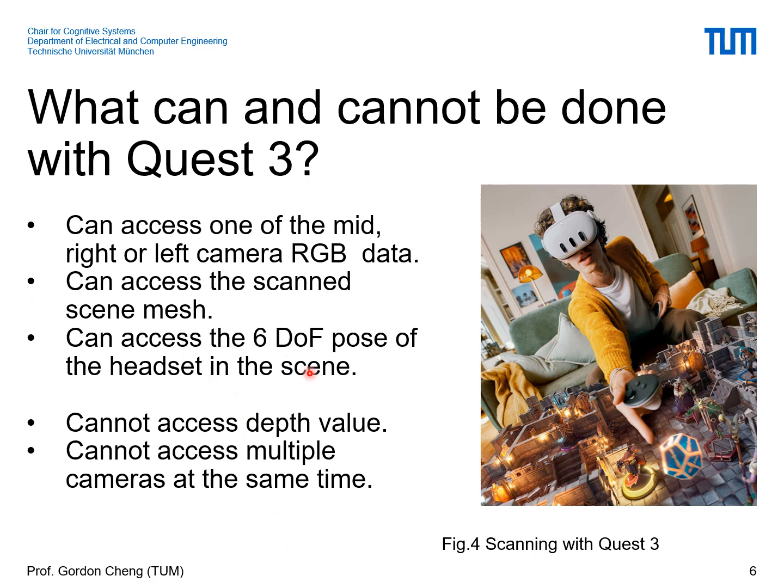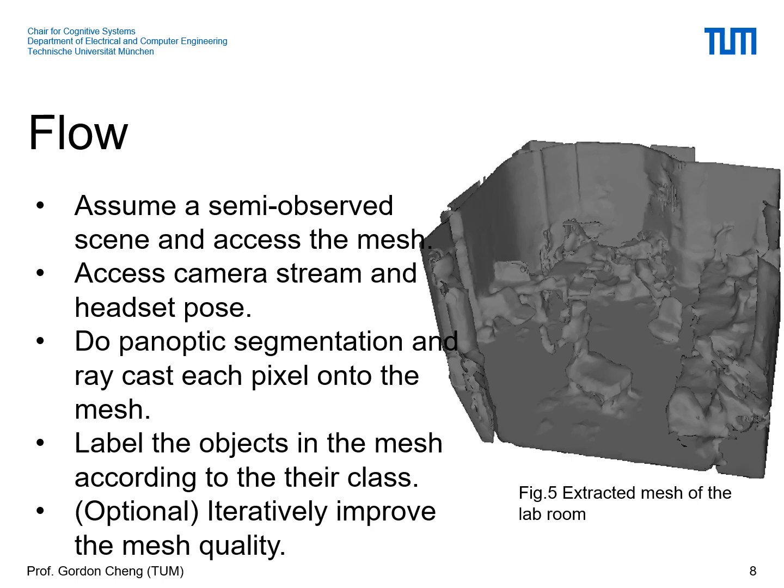But what we can do is we can access the scanned scene mesh, and we can access the 3 degree of freedom pose of the headset in that scene. So our current flow is, first, we assume the scene is semi-observed, so it's partially scanned, and we have a valid mesh, and we access it, and we access the camera stream and headset pose.